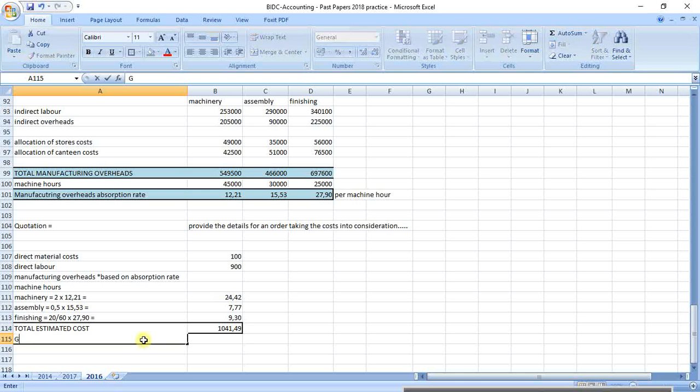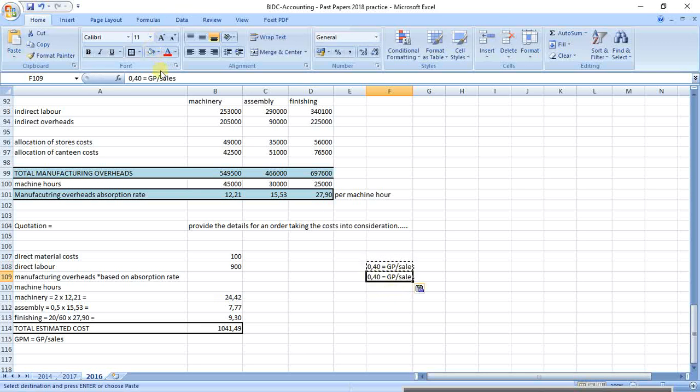You said gross profit margin is GP divided by sales, right? And that equals 40%. So 40% is 0.40 equals gross profit divided by sales. Do I know what the gross profit is?